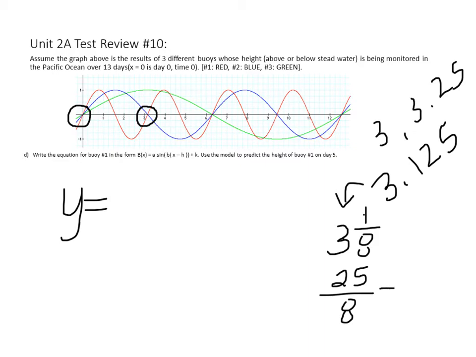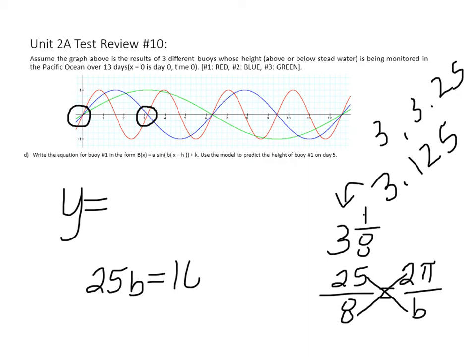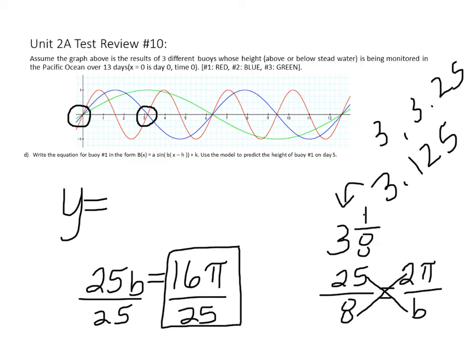That is my period, and I know that my period is equal to 2 pi over b. If I cross multiply here, I get 25b is equal to 16 pi. I'm going to divide both sides by 25, and I get that b is equal to 16 pi over 25.